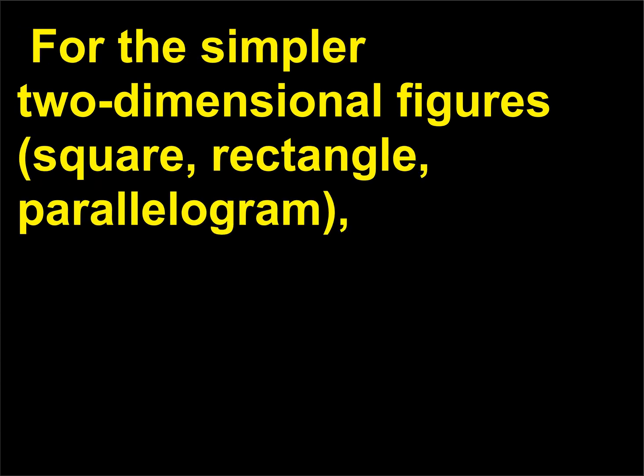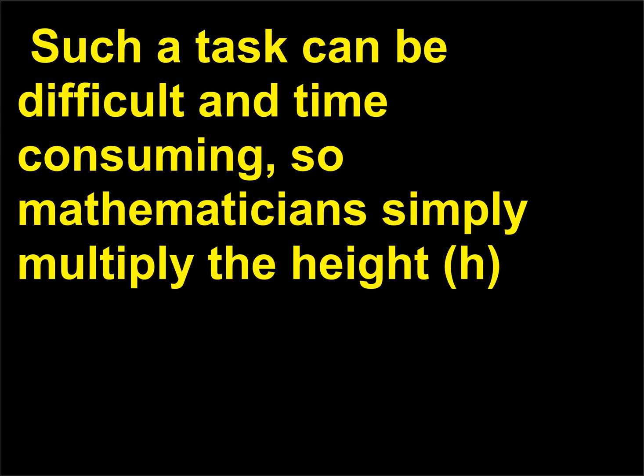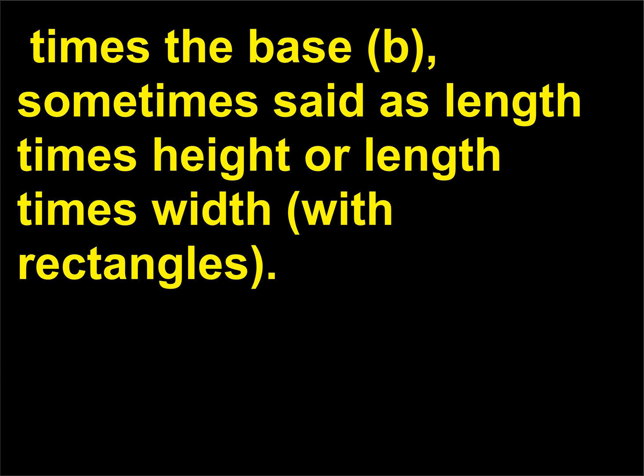For the simpler two-dimensional figures, square, rectangle, parallelogram, the area can actually be found by calculating the number of square units in the interior of the object. Such a task can be difficult and time-consuming, so mathematicians simply multiply the height, h, times the base, b, sometimes said as length times height or length times width with rectangles.